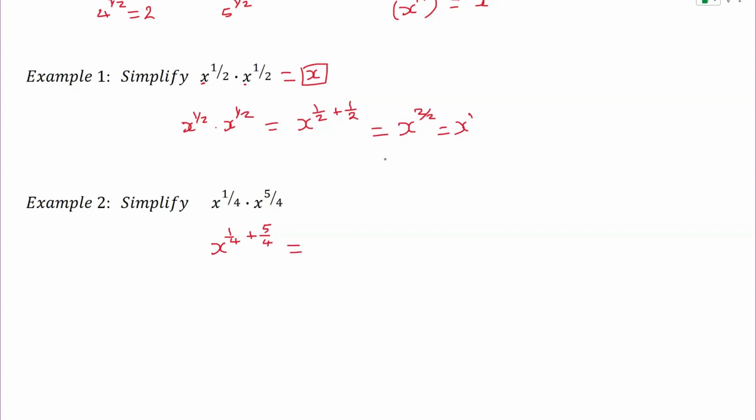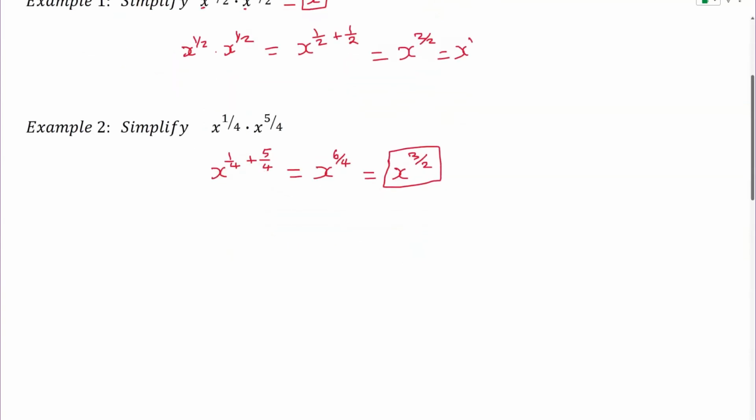So when you add, the denominators are the same, so you just add the numerators, so you get x to the 6/4. Now you could reduce x to the 6/4 by dividing the 6 by 2 and the 4 by 2. So you need the same number that divides into 6 and 4. So divide 2 into 6, you get 3, and 2 into 4, you get 2. So x raised to the 1/4 power times x to the 5/4 power is equal to x to the 3/2.